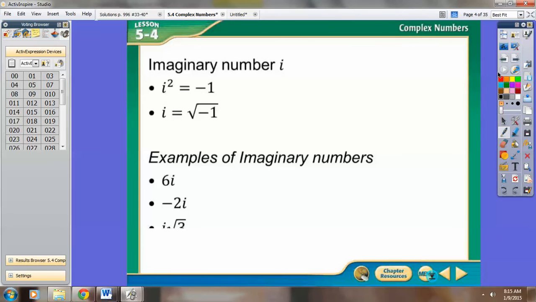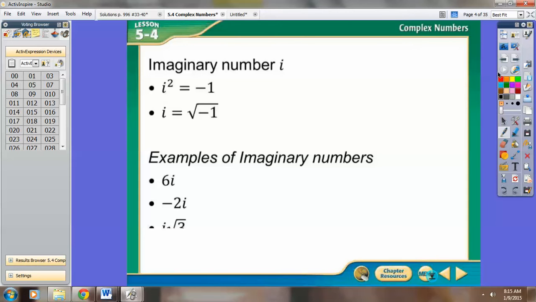The first thing you're going to want to write into your notes is what an imaginary number is. Here at the top of this slide it says imaginary number i. i is the variable that we use to represent an imaginary number.